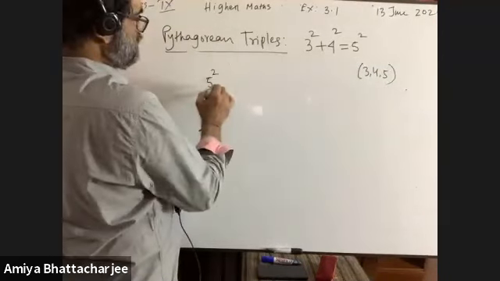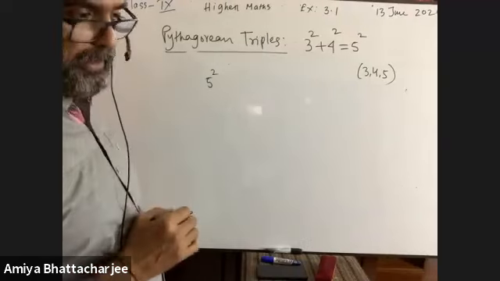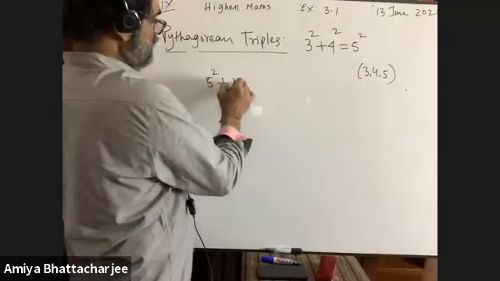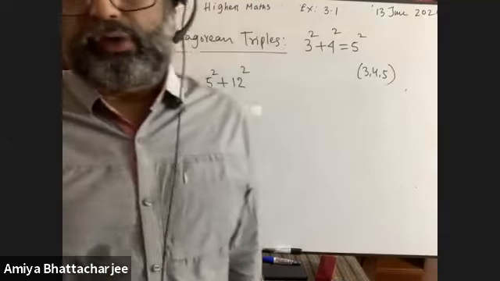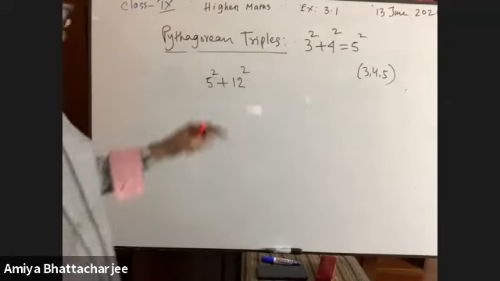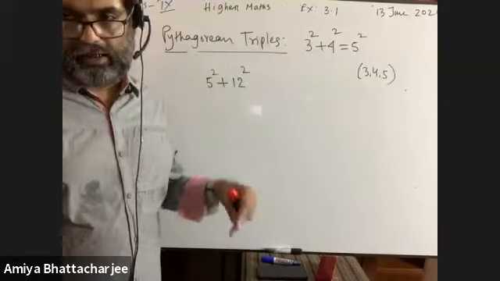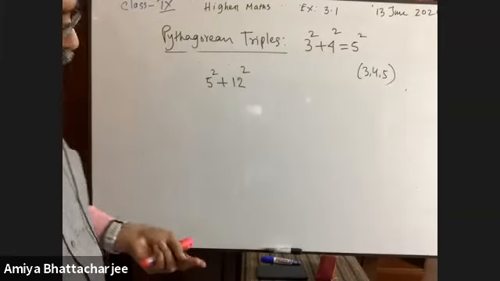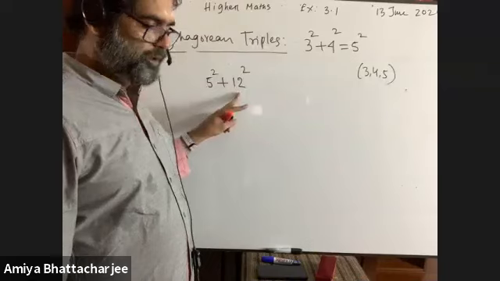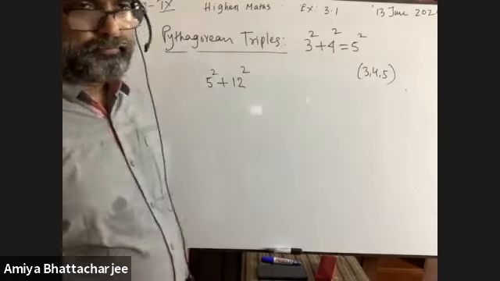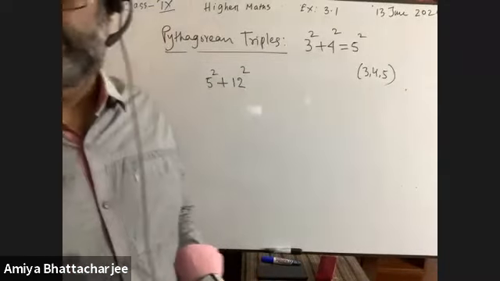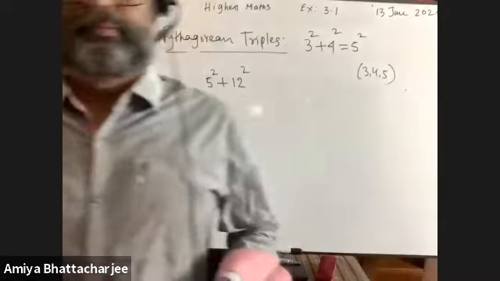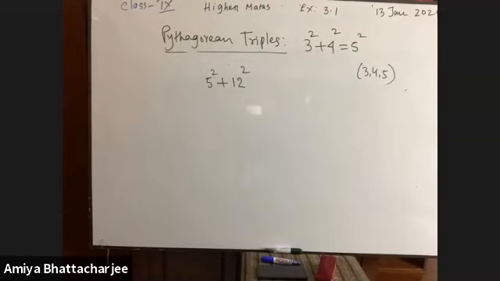5 square equals to what? Let me know. 5 square equals to 25. Very good. 12 square equals to what? 144. Can you please add this 25 and 144 and what will be its result? 25 plus 144 equals to what? Don't you have calculator with you? All of you take out calculator. Sir, 169.